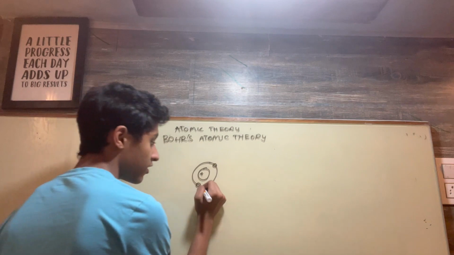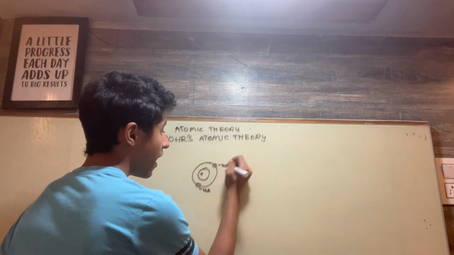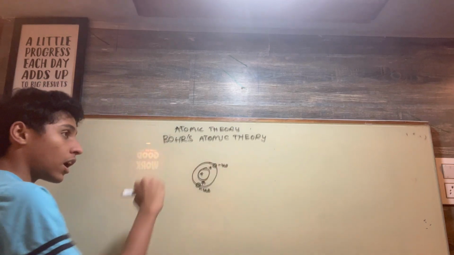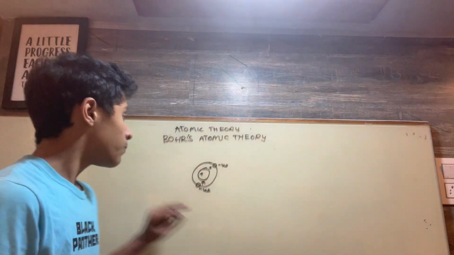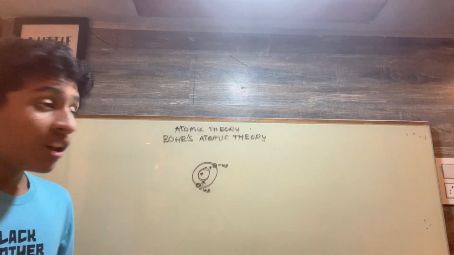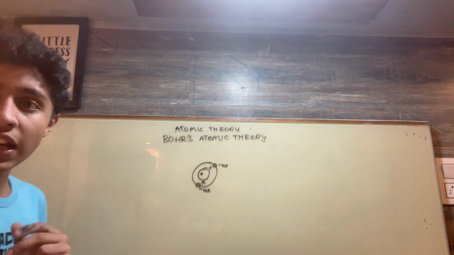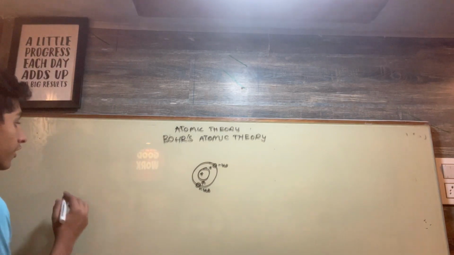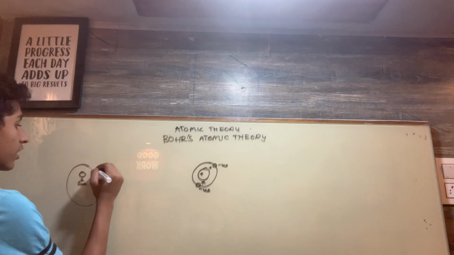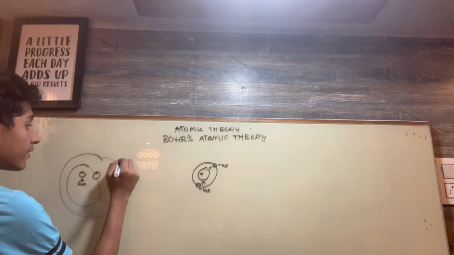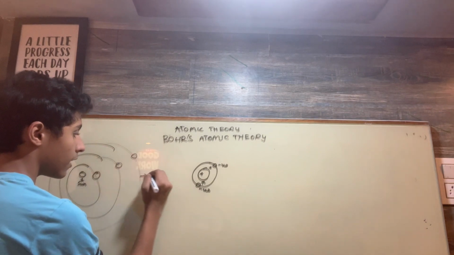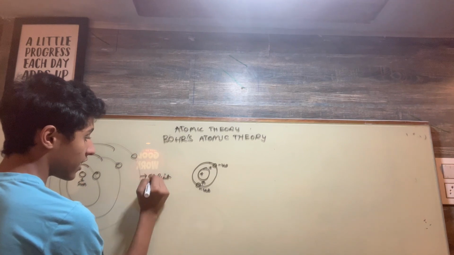And fun fact, this model was taken from the solar system, because in our solar system we've got the sun, then all our planets moving in an orbit. They are revolving around the sun in an orbit.